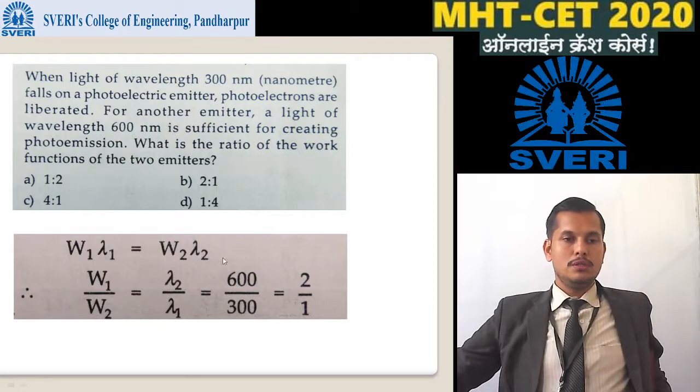So the solution is, after comparing this equation, we get W1 lambda 1 is equal to W2 lambda 2. So we have the values of wavelengths. So lambda 2 upon lambda 1, if we put the values, that is 600 and 300 nanometer, we get the ratio W1 by W2 as 2 is to 1. So the answer is B, that is 2 is to 1. So let us go to the next one.